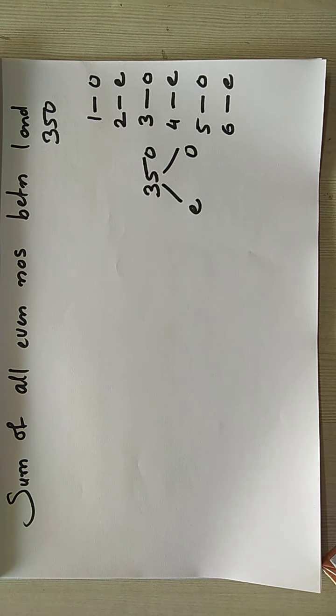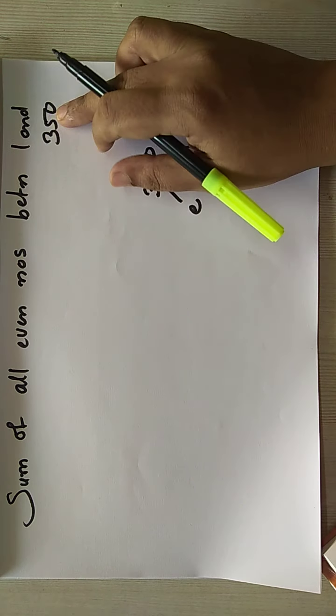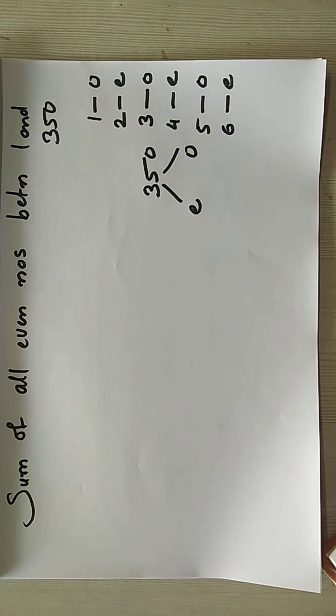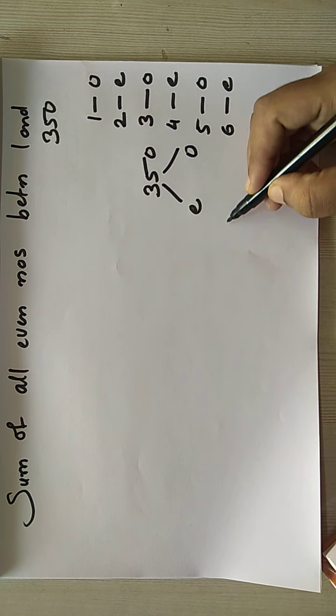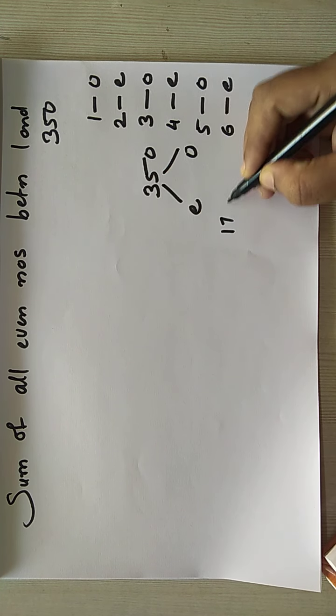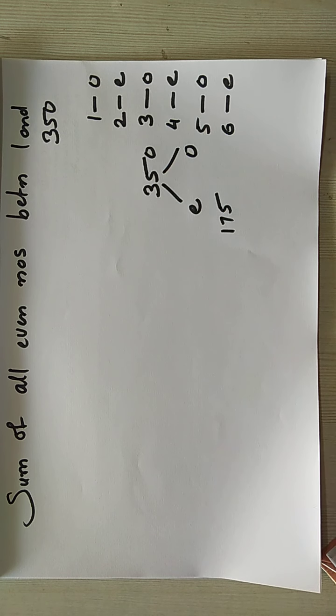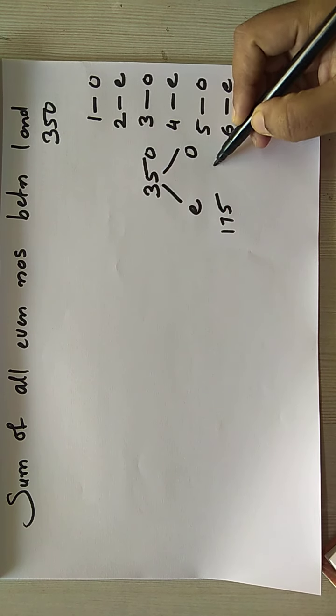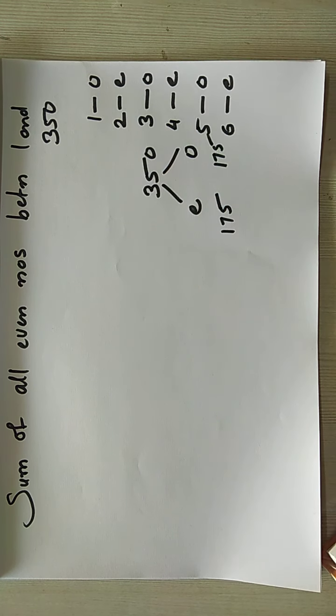So half of 350 is how much? 175. Okay. So we have 175 odd numbers and 175 even numbers.